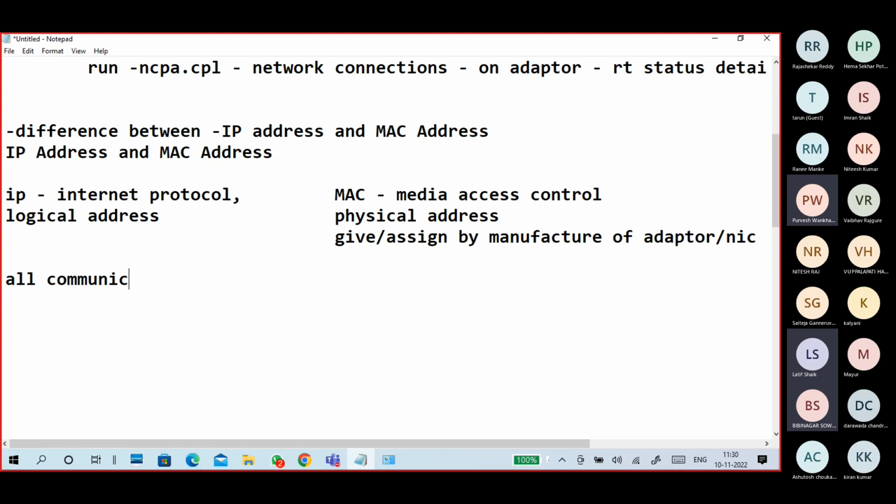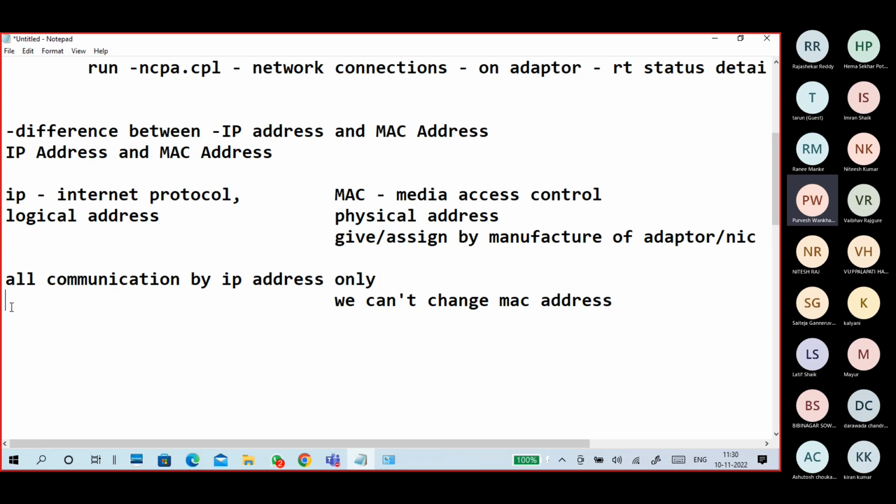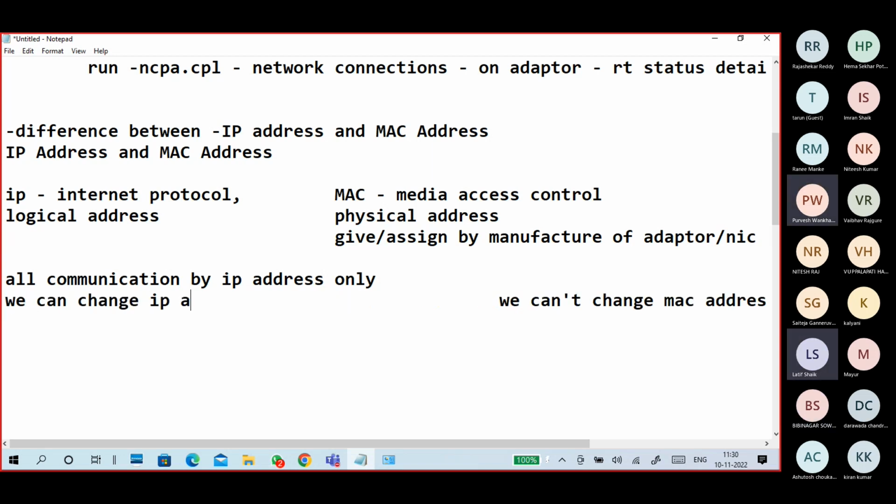We cannot change the MAC address, but we can change the IP address.